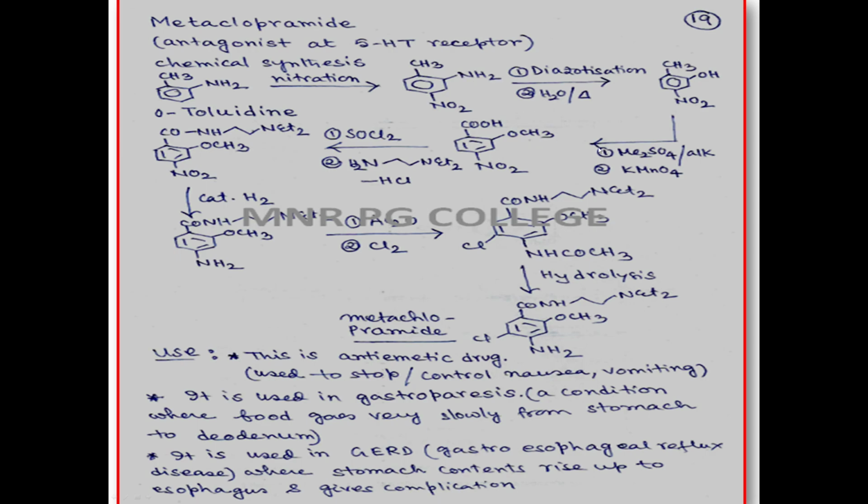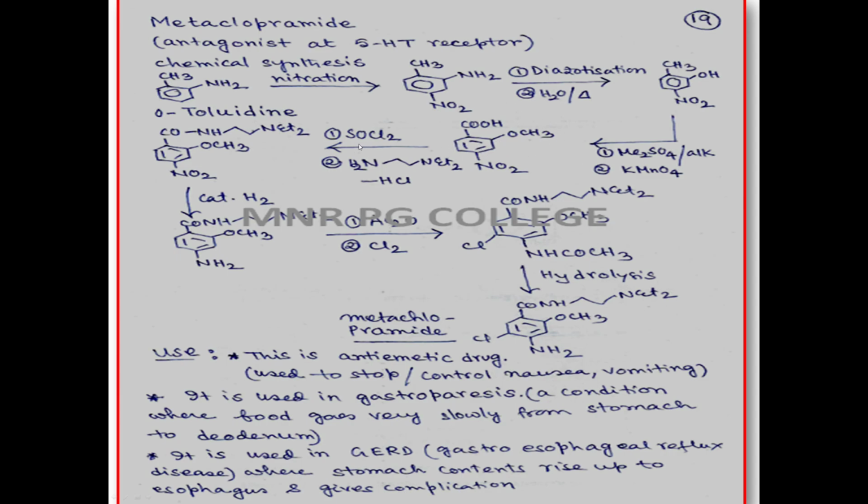Now when it is subjected to alkylation using dimethyl sulfate and alkali, the phenolic OH becomes OMe, and when it is subjected to KMnO4 oxidation, then we know that the methyl group gets oxidized to the carboxylic acid, the way toluene undergoes oxidation and gets converted into benzoic acid.